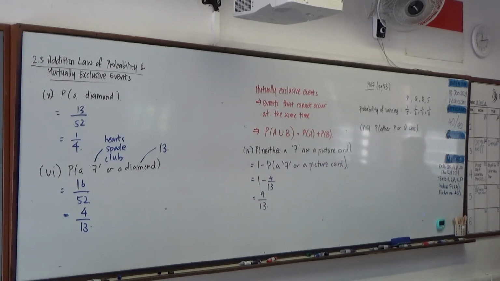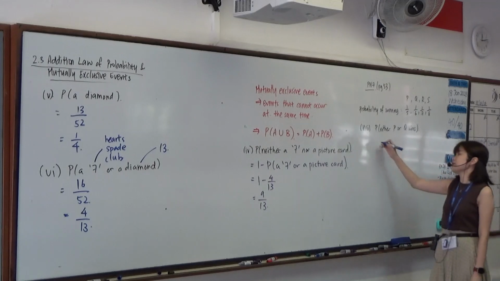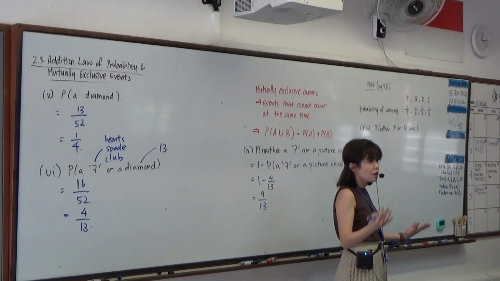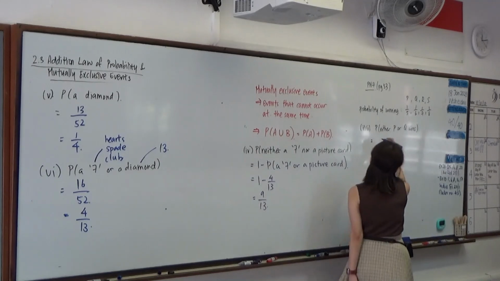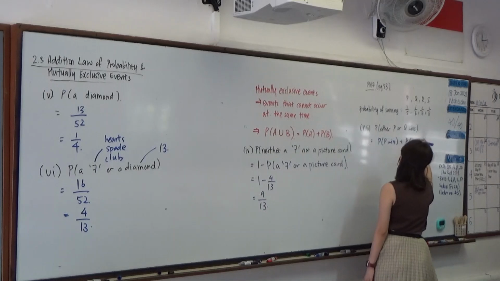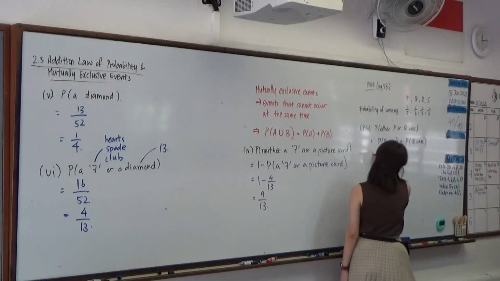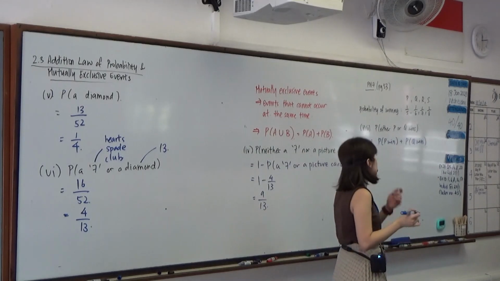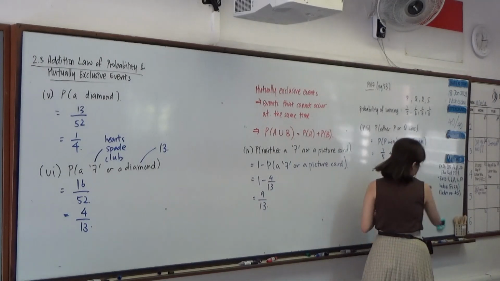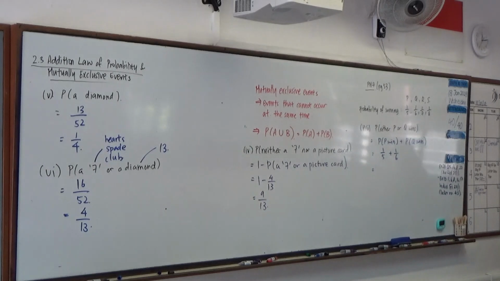No, right? So therefore they are mutually exclusive events. If P wins, Q cannot win. If Q wins, P cannot win. So confirm it is mutually exclusive. Therefore I can simply add up the corresponding probabilities. That will be 1/5 plus 1/6, and that equals 11/30.